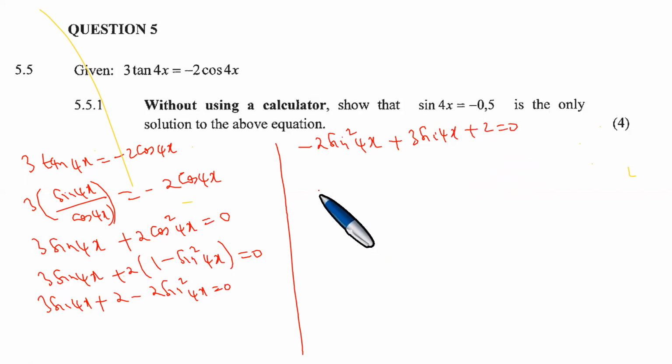We divide through by negative, which means it is 2 the sine squared of 4x minus 3 the sine of 4x minus 2 equals 0.